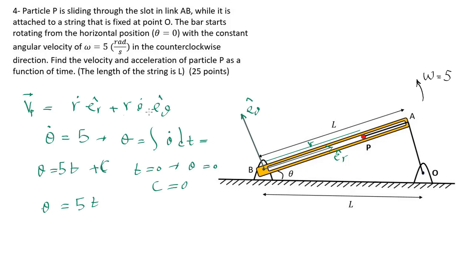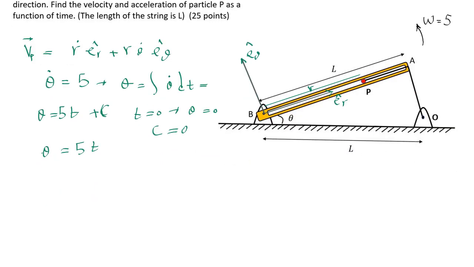And now we have to find r. We have theta as a function of time, and we also have to find r based on the geometry. Here, the triangle OAB is an isosceles triangle, because this length is L, this length is L. Let me draw this triangle here.